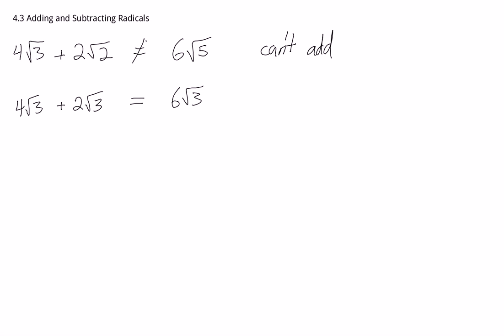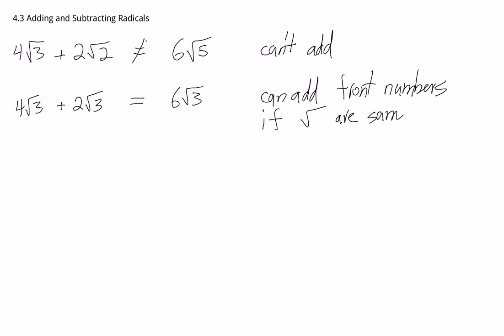So this one is true. So as long as the roots are the same, we can add the front numbers. Okay, but you can see we don't change that root number. So 4 root 3 plus 2 root 3, we put them together to get 6 root 3, but the root 3 part stays the same.